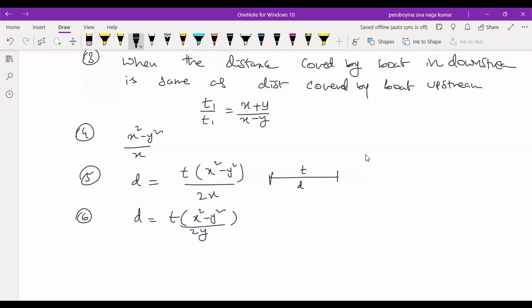Then you can use this formula. But in the sixth point, the boat takes t hours more in going upstream than downstream. If he said like this, then the covering distance d will be the same for both downstream and upstream cases. Then the distance will be calculated by this formula.